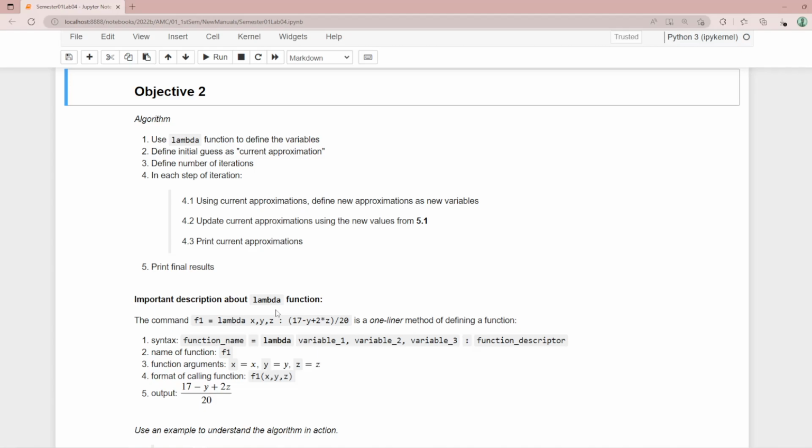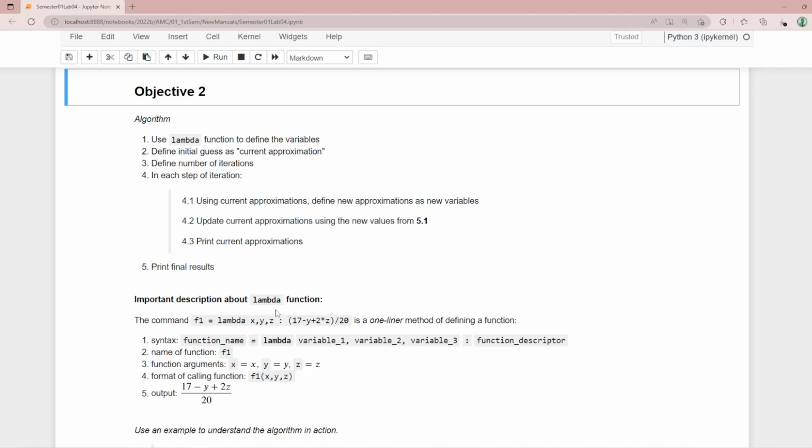We do not need any kind of library or packages to be imported. So we use the lambda function to define the variables, we define an initial guess, and we name that initial guess as the current approximation. And then we also specify the number of iterations.